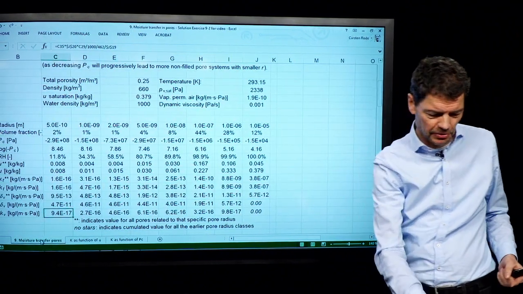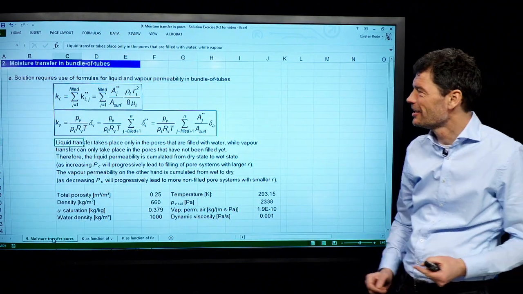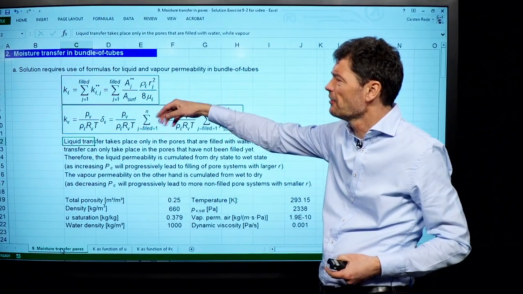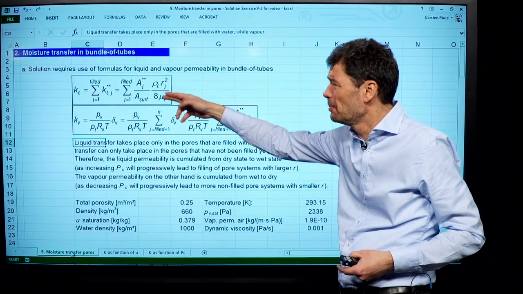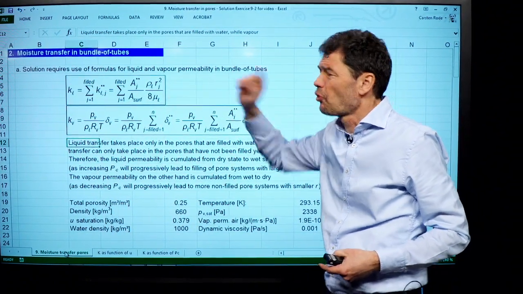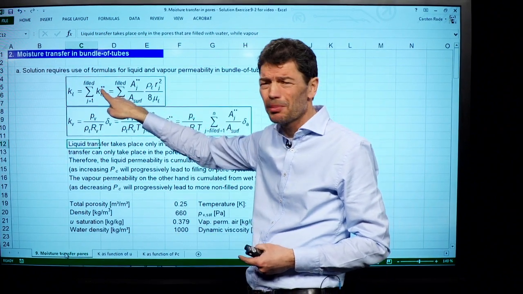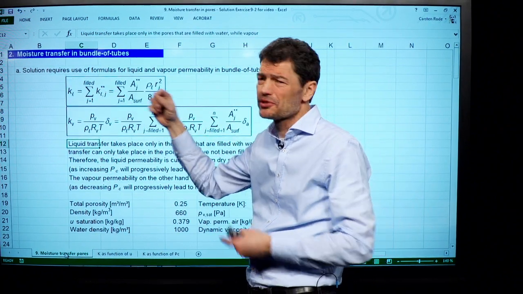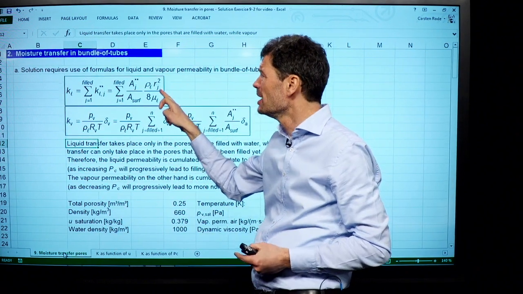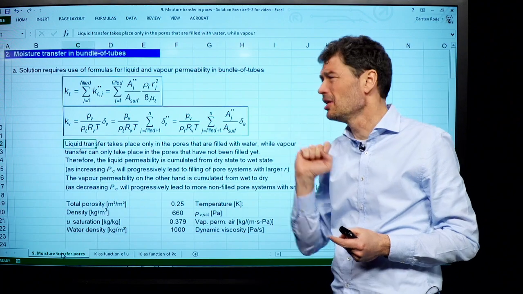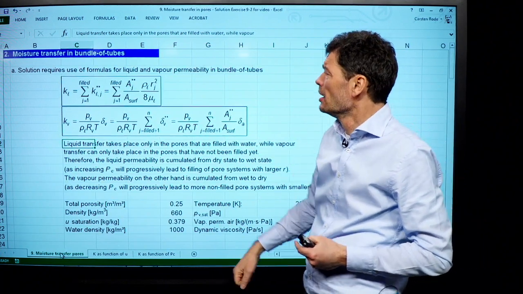I just showed you the result, but let's lead us through how to come to that. First of all, we have the liquid permeability for one pore of a certain size radius. When we have a double asterisk here, it refers to one size of pores only. So this gives us the liquid permeability for one pore only.